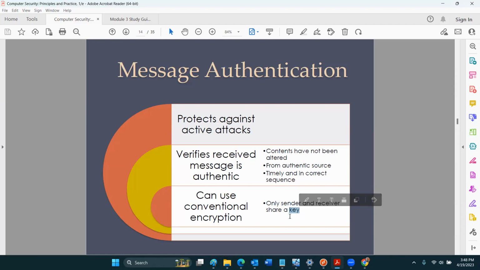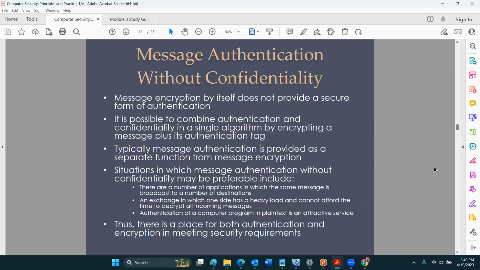Does that make sense? In this case, we're validating that it's coming from that person, and you know it came from that person because the keys match, but the message itself is not encrypted. And so there are scenarios where you really only care about whether or not the sender is authentic, and you want to be sure it was them who sent it.